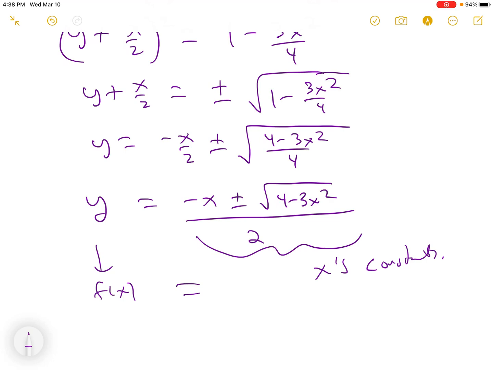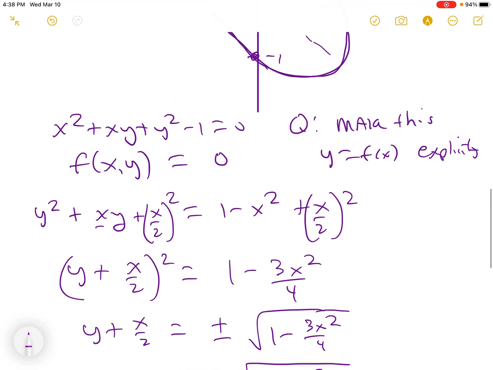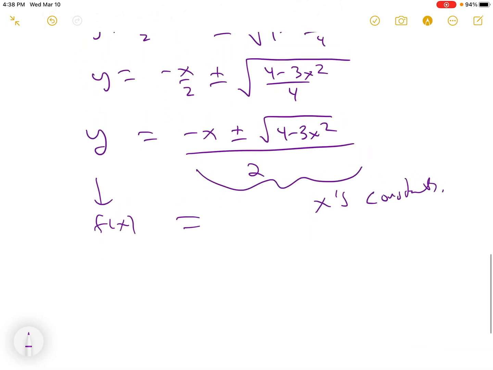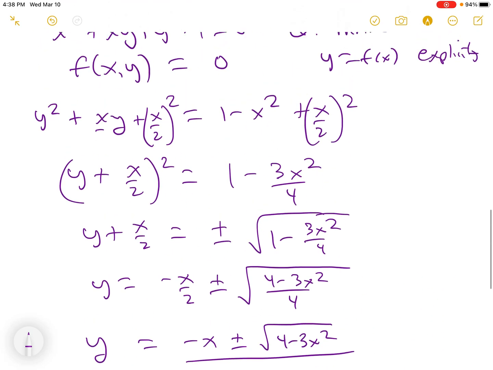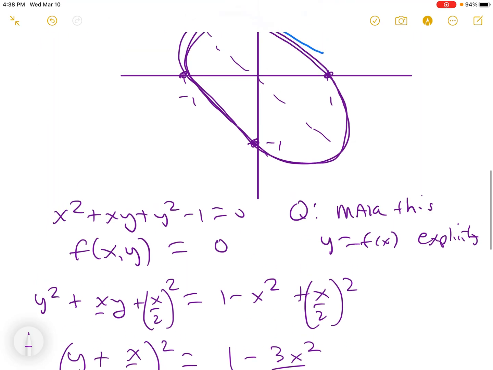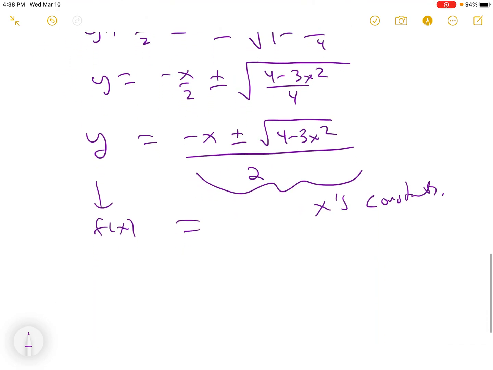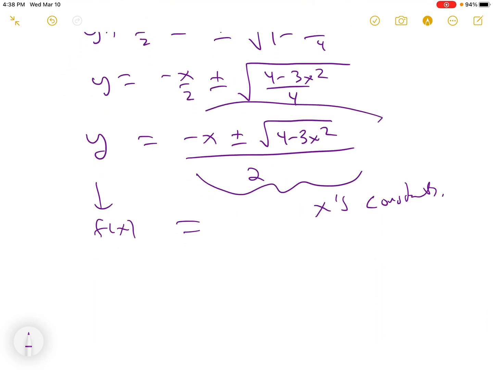I know I'm looking for the slope of the tangent line at the point, sorry, what is it, 0, 1 or 1, 0? I've already lost it. 0, 1, okay. So I have to make a choice here because these are two functions.